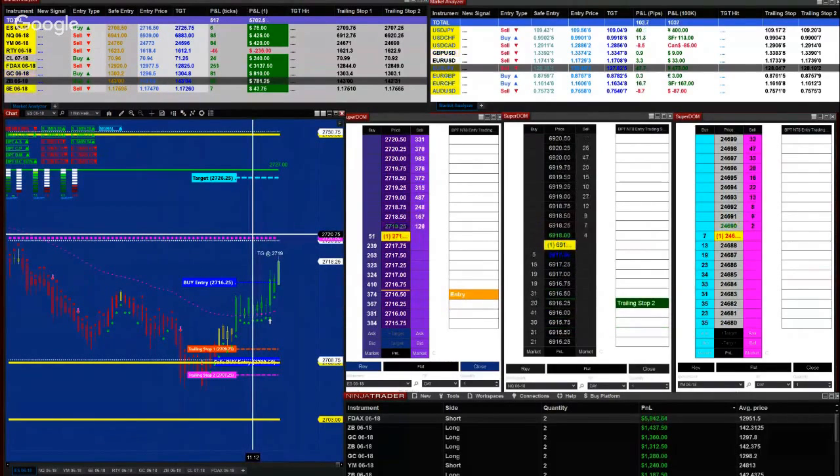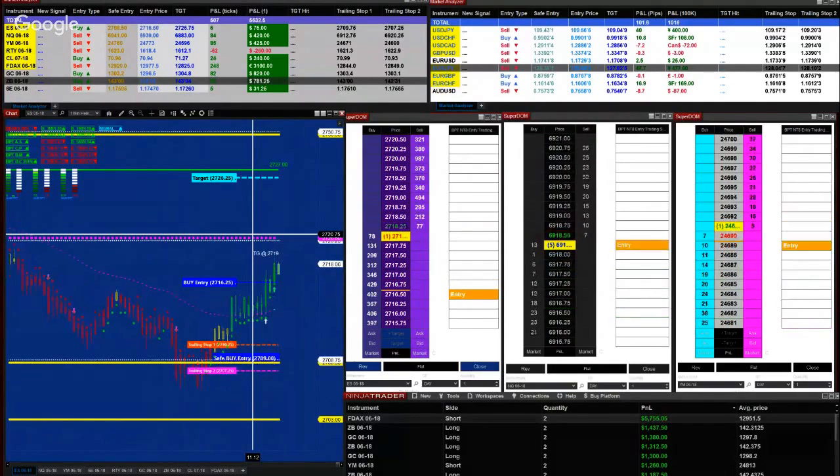And this one here, if we notice right now, we're about to have a new signal. There we go. We're about to have a new signal on the Nasdaq. You see where it's playing with the trailing stop 2. It has to confirm. Okay, there we go.